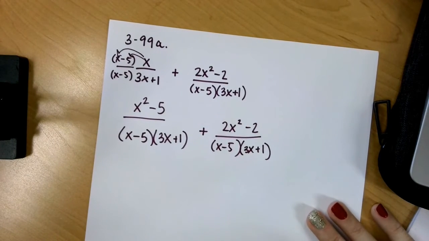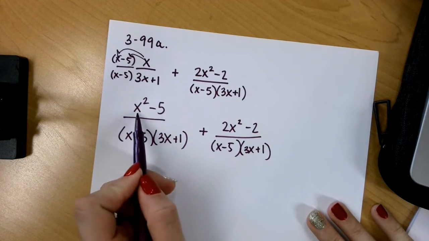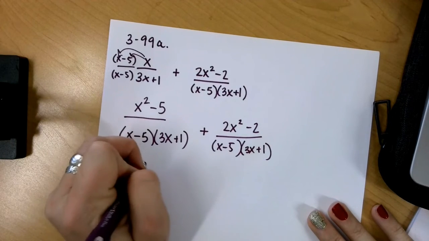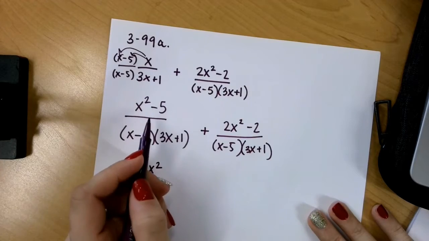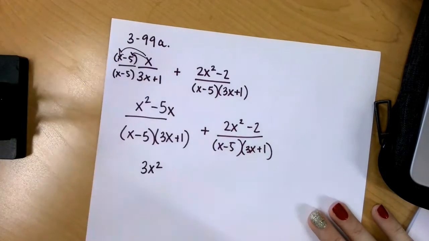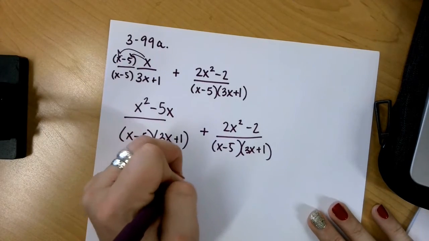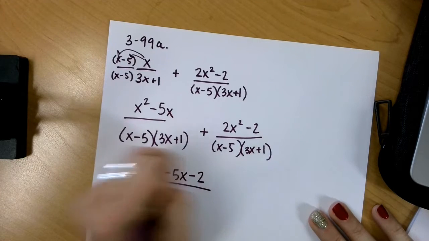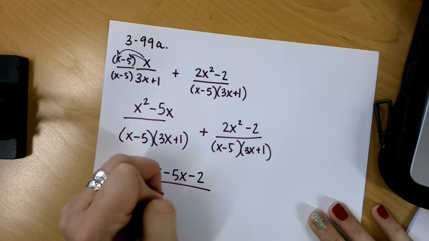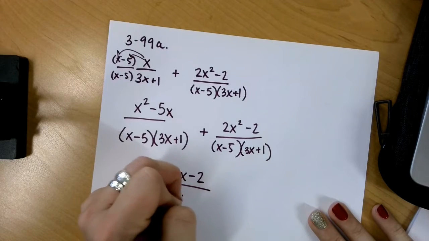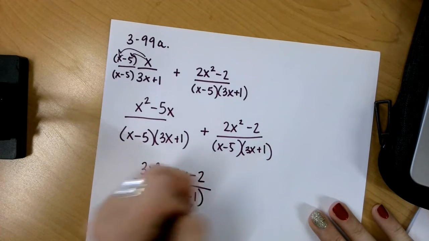So now that I have common denominators, I can combine like terms. So I have x squared plus 2x squared gives me 3x squared. This was supposed to be a 5x. So then I have minus 5x minus 2, all over x minus 5 times 3x plus 1.